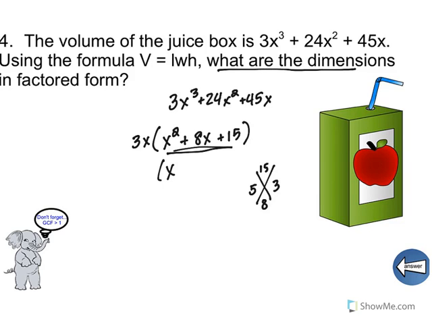And so my factors for this one would be x plus 5 and x plus 3. So it's important to make sure that you factor out a GCF so that you can avoid doing extra work in the long run. So my length, my width, and my height would be my 3 factors, which are 3x, x plus 5, and x plus 3. This is how we factor polynomials when the coefficient is greater than 1.